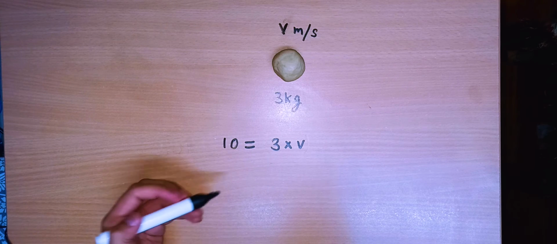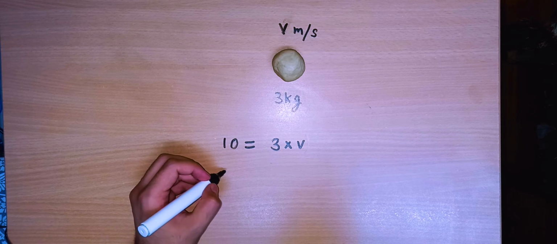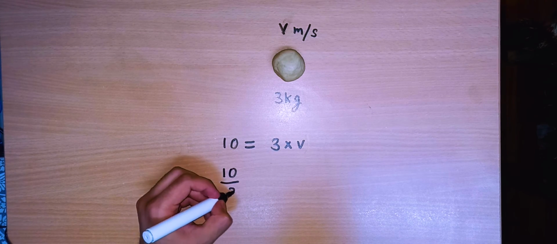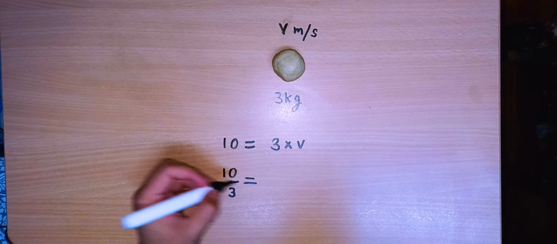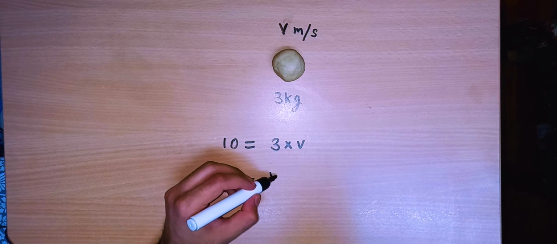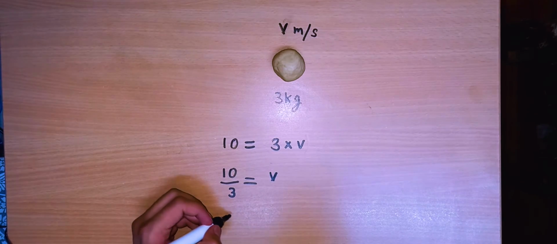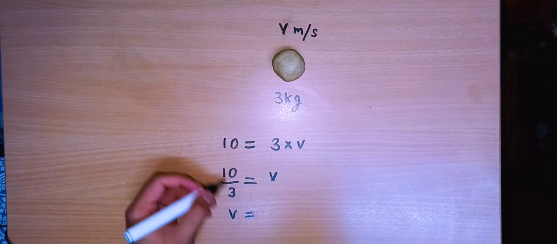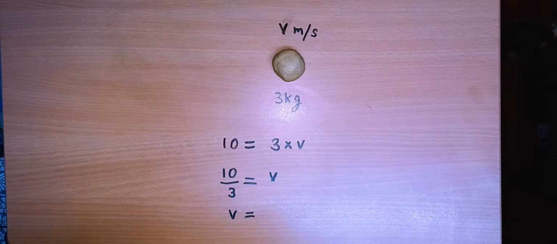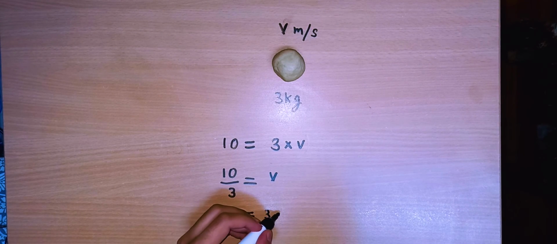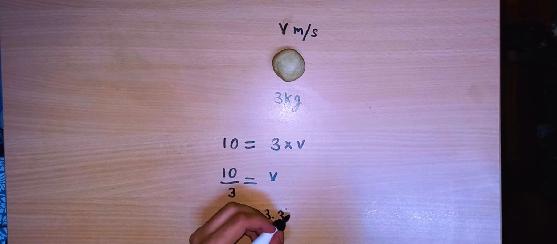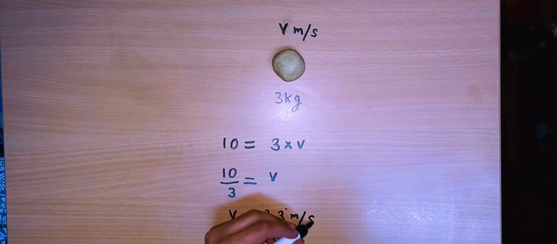Dividing both sides by 3, I get v equals 10 by 3, which is around 3.33 repeating meters per second.